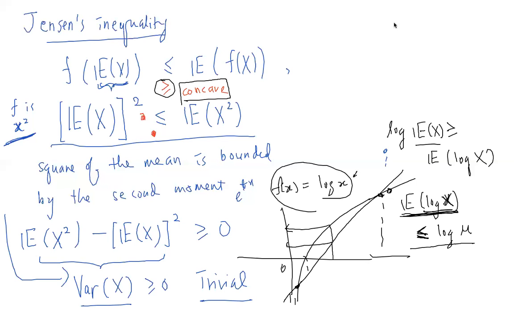Anyone? What function did you see just now in the Markov and Chebyshev inequality?